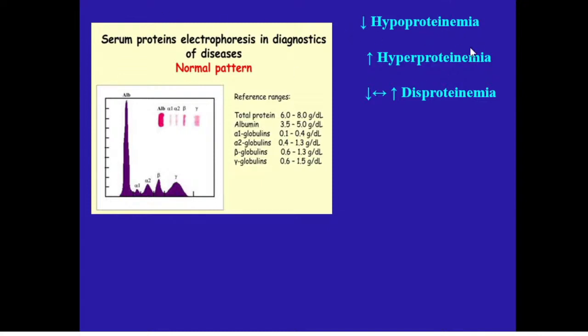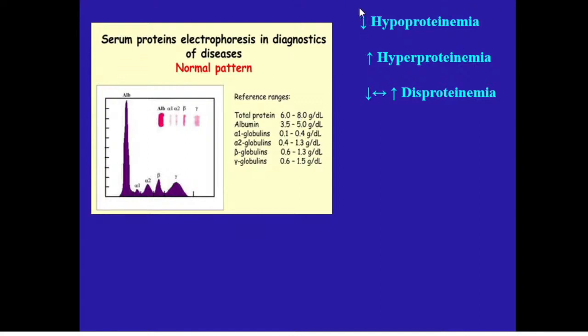Understandably, hypoproteinemia is a decreased total quantity of proteins. Actually, here our norm in our country is 65 to 85 grams per liter. We are 60 to 80. In our MCQs, be careful, there will be 65 to 85.